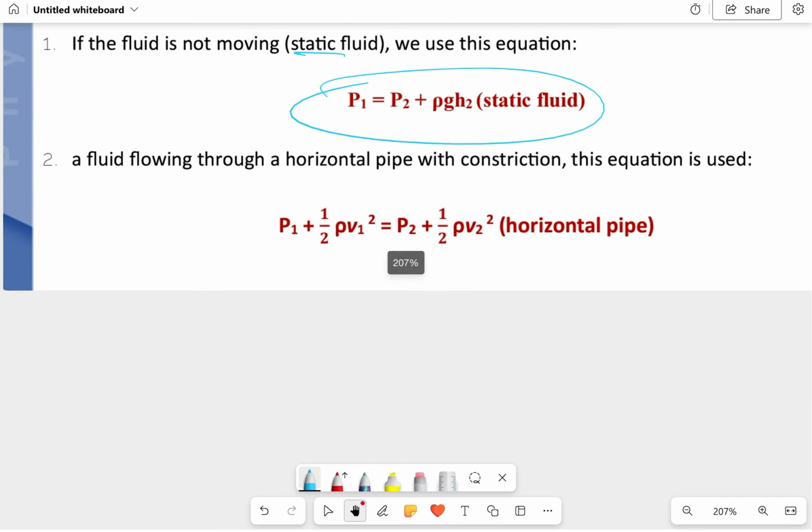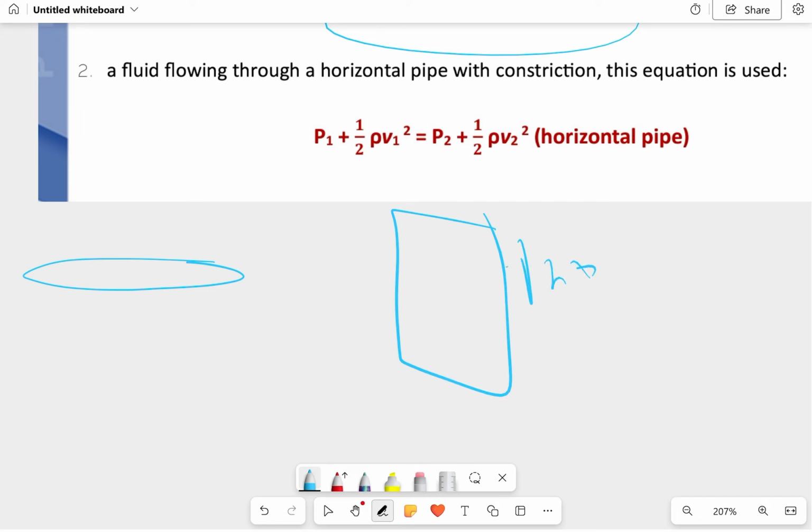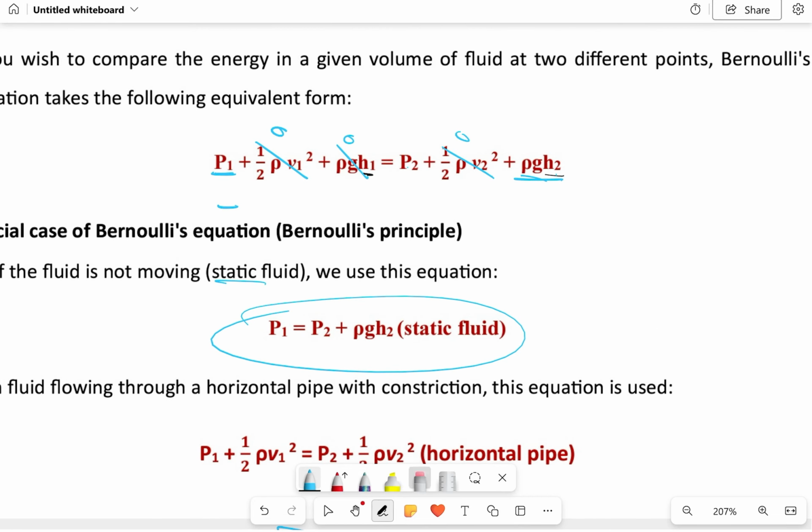If it's a horizontal pipe, this time the pipe is like this, okay? It's horizontal. It doesn't have a height, okay? There is no height. It's still this equation that you're using, but in different ways. If it's horizontal, it means that h is going to be 0.